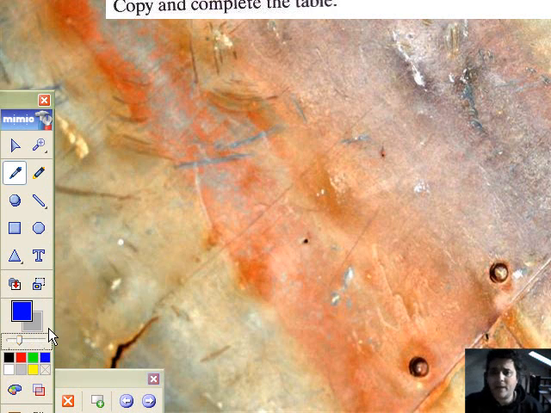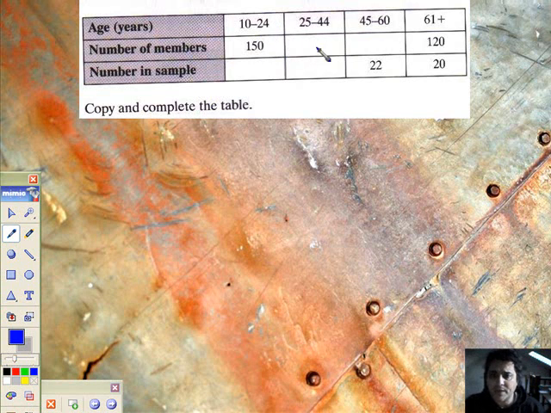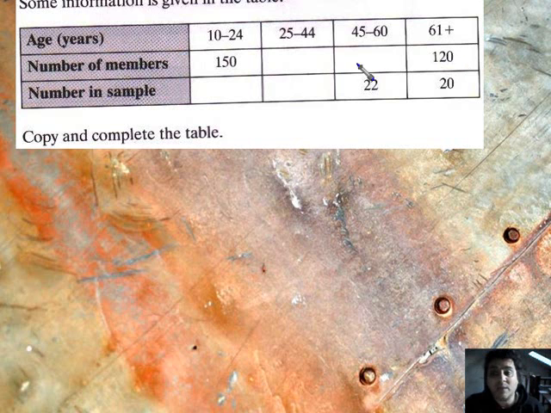Alright, so where can I go? I know that all these four numbers will add up to 600 eventually. Alright, now I can see that for 120 61 plus year olds, I need a sample of 20. Okay, so basically the sample is a sixth of the original number in each category.